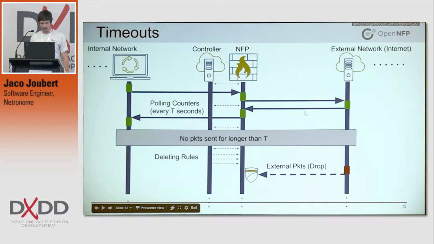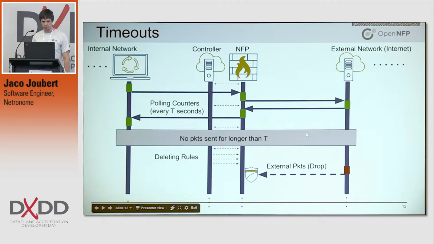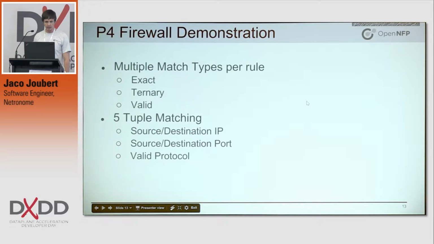And then after the rules were deleted, the external side will be just blocked again. And if the internal device makes a request again, it will have to go through the whole process of adding rules again, using a different external port this time. So what we are demonstrating with this is multiple match types in a single rule.